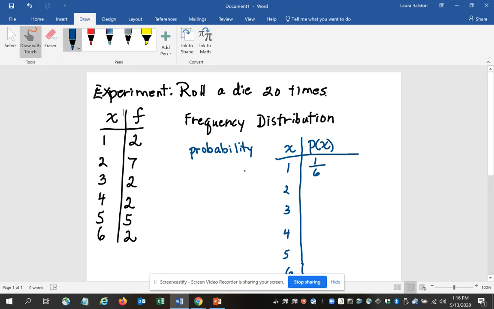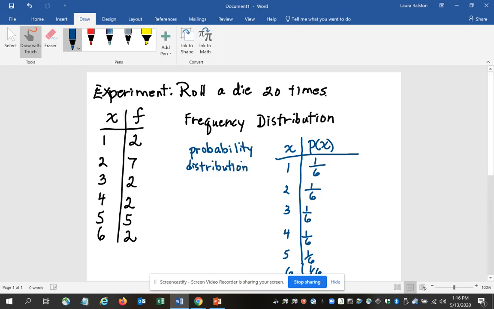Similarly, for 2, I would have one way to roll a 2 out of the 6 options. Probability of 3 is also 1/6. Probability of 4 is 1/6. Probability of 5 is 1/6. Probability of 6 is 1/6. So this represents our probability distribution to show what the probability is for each event.